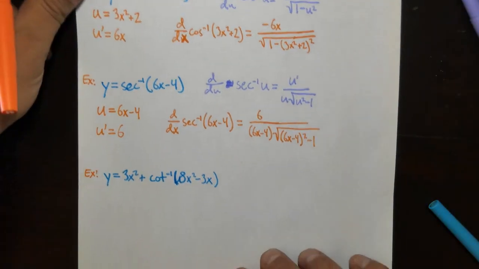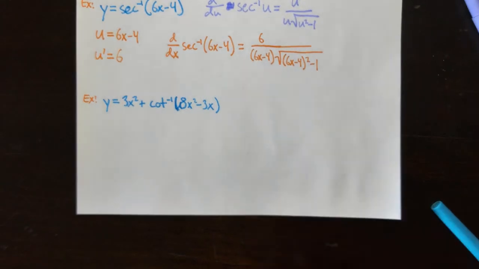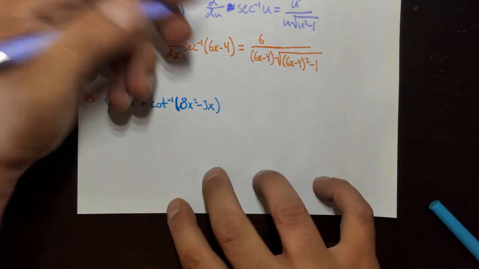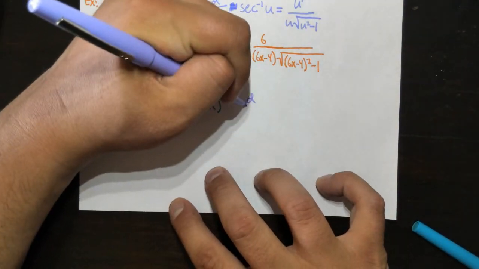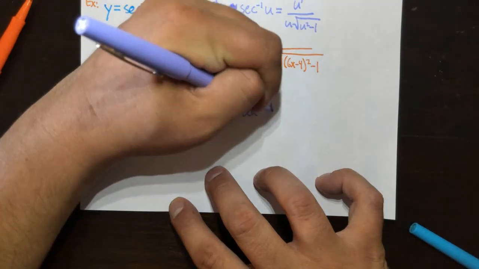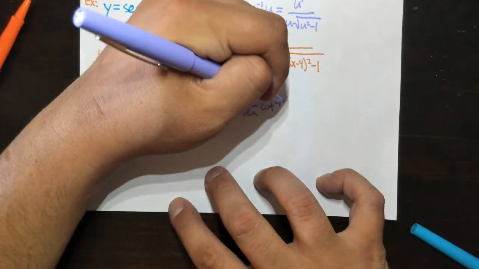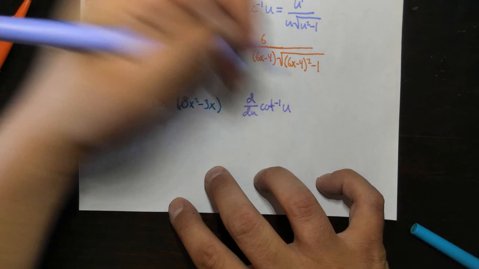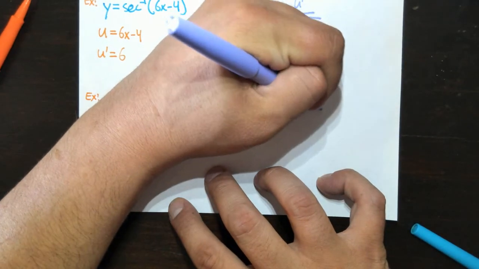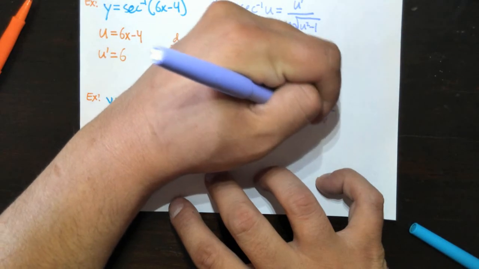All right, let's talk about one more here. So now we have the function y equals 3x squared plus arc cotangent of 8x squared minus 3x. So again, I'll go ahead and write it for us. So d du of arc cotangent of u is equal to negative u prime over 1 plus u squared.